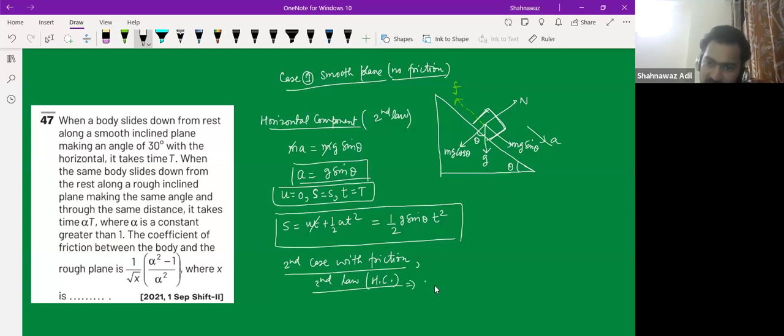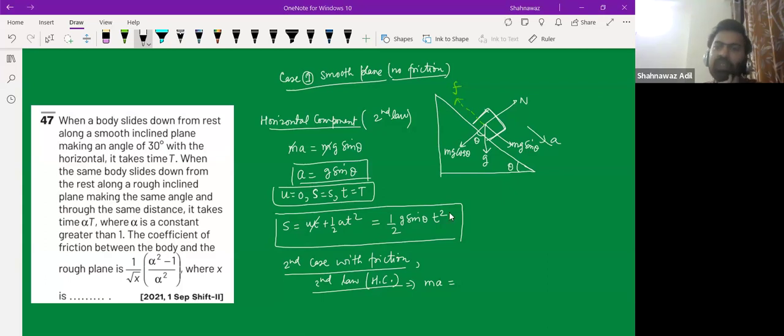We have ma, and what is the second law, Tarif? What would be the second law in this case?